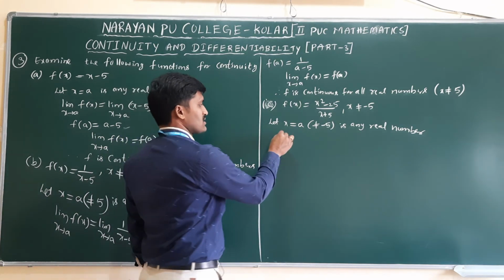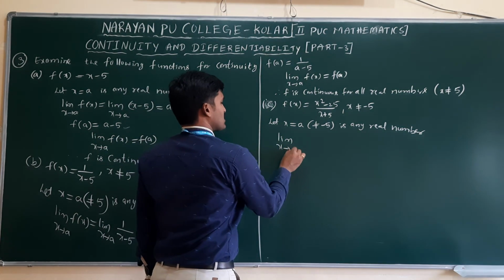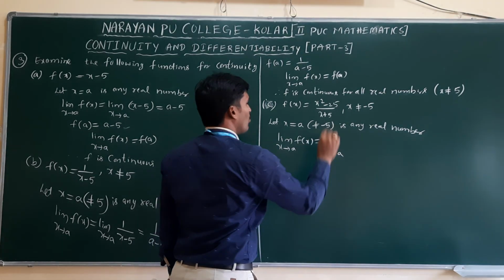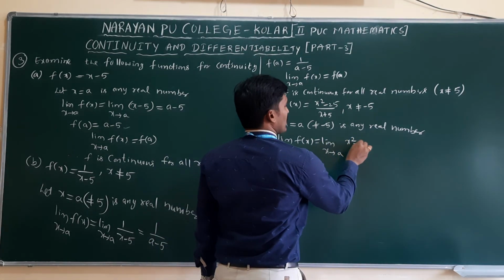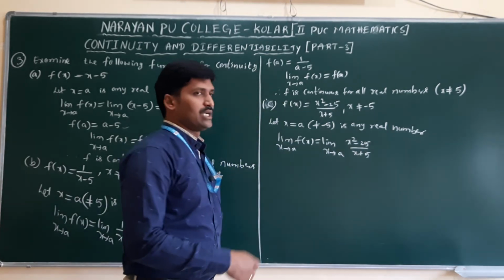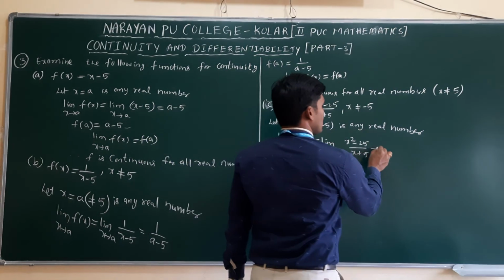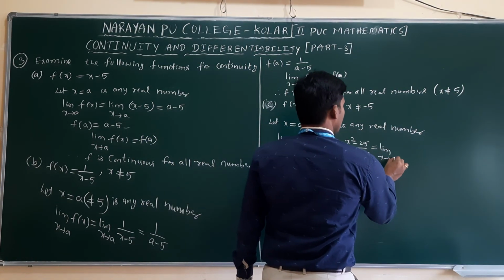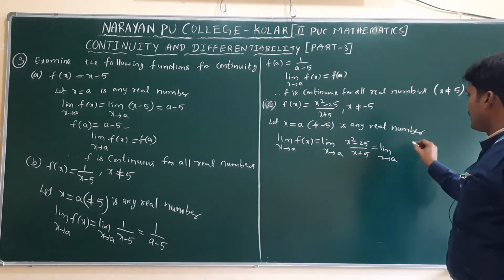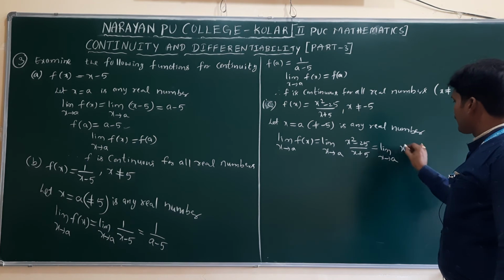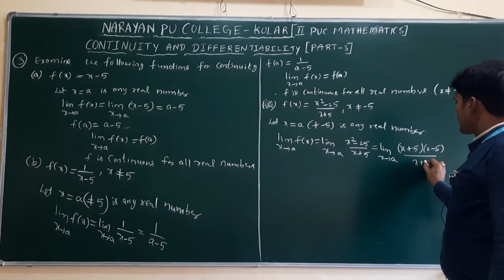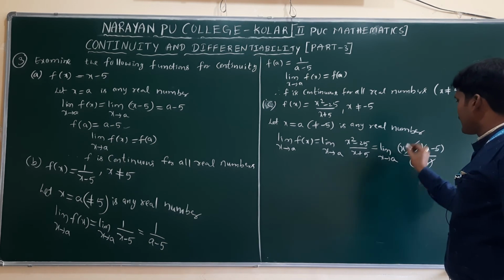Now we take limit as x tends to a of f of x equals limit as x tends to a of x square minus 25 by x plus 5. Before substituting, we need to simplify this. x square minus 25 is x square minus 5 square, a square minus b square, so x plus 5 into x minus 5 divided by x plus 5. Here x plus 5 gets cancelled.